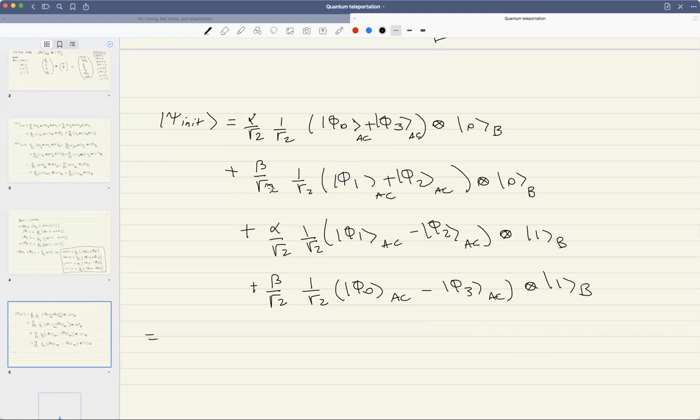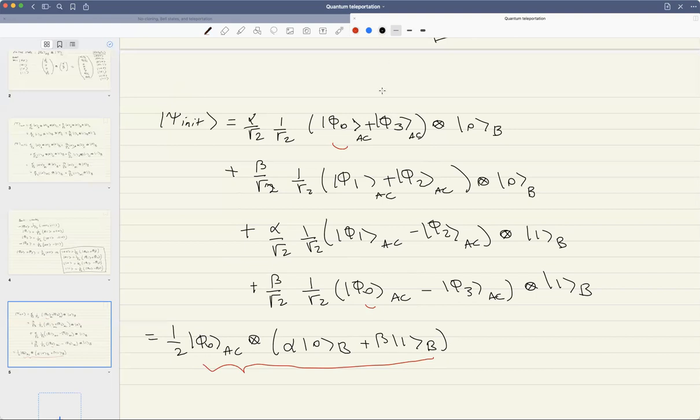Then I have a psi 0 of AC, and that's tensored with now I have an alpha 0b from here, and I have a beta 1b. Okay, so I pick this term, this term, I combine them into these terms.